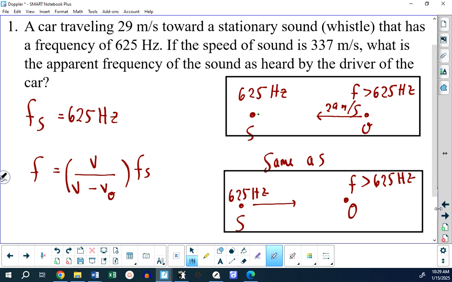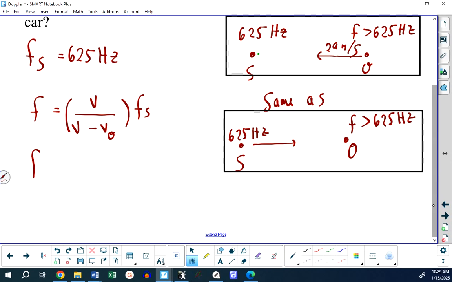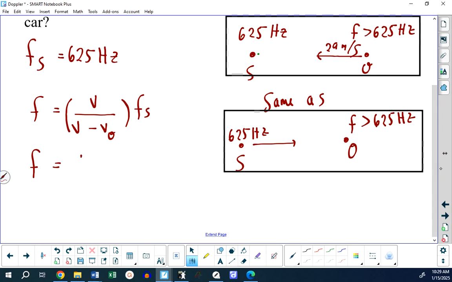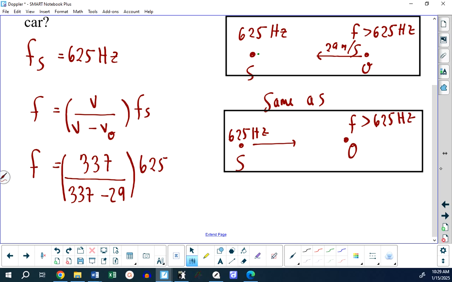So we put in the numbers. What the observer hears will be, I've forgotten by now, 337 over 337 minus 29, and you multiply that quantity by 625. All right?